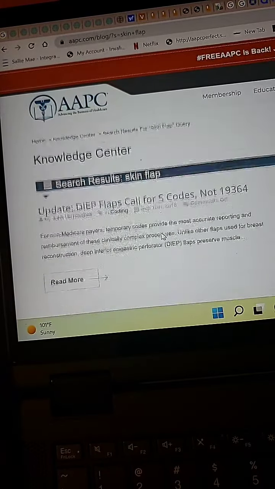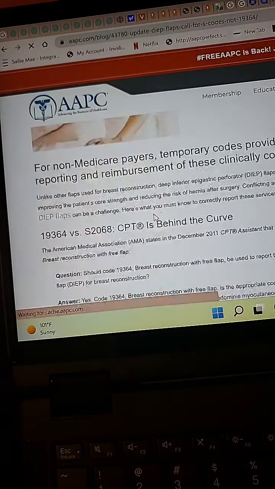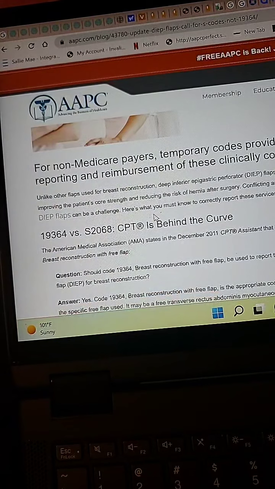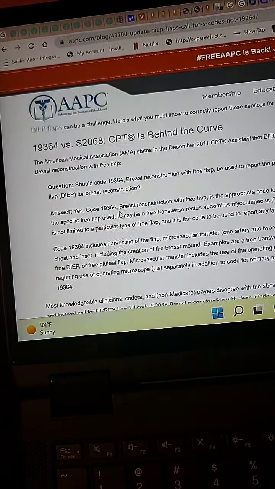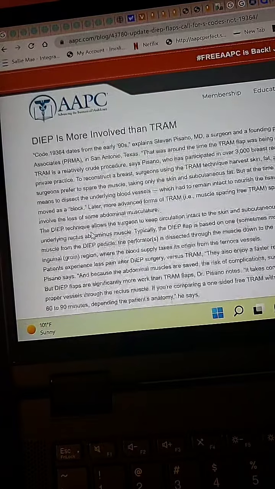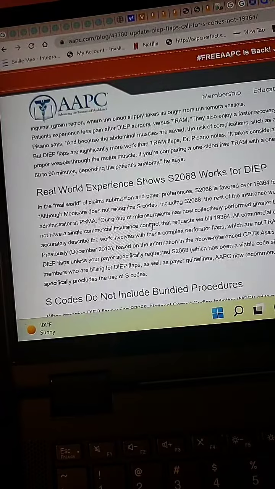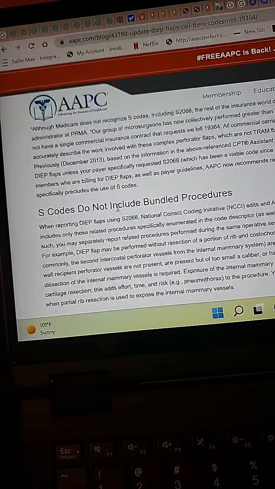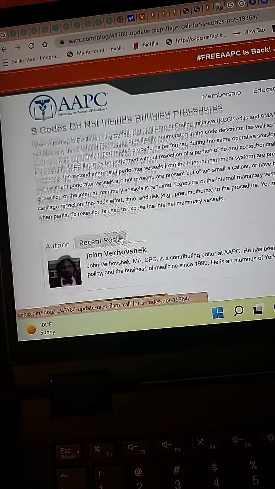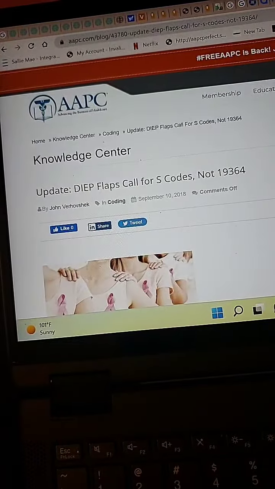It looks like they've got stuff on reimbursements versus a HIPAA code. And they answer the questions, and they also give examples a lot of times. There's the TRAM flap that we talk about a lot, and it says S codes do not get included into bundled procedures. Very cool. They usually have really good information about these.